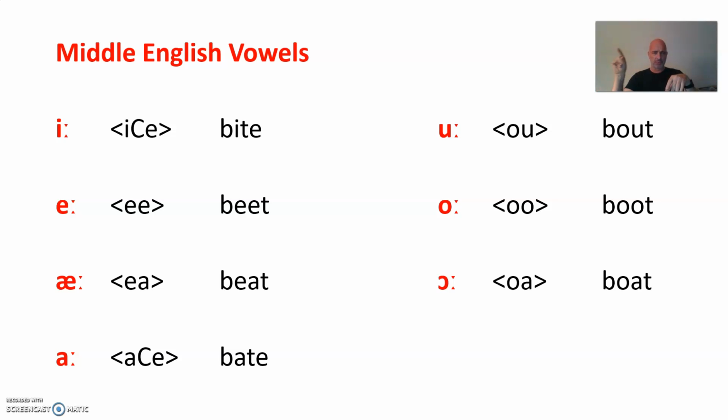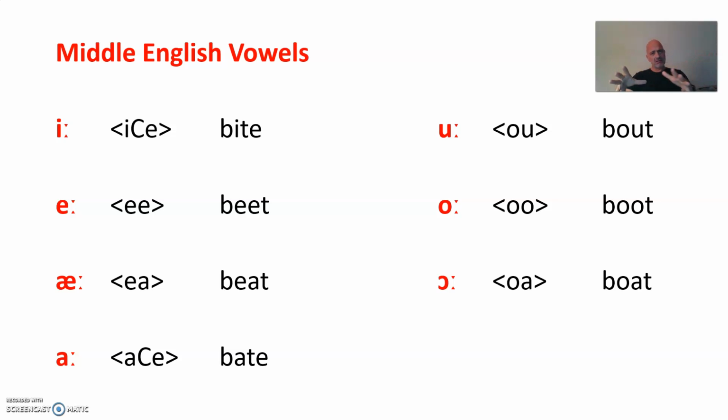So this would be boot, bought, bought. Let me pronounce them again in Middle English. So Middle English would be beat, beat, bed, bat. And on the other side, boot, bought, bought, something like that.